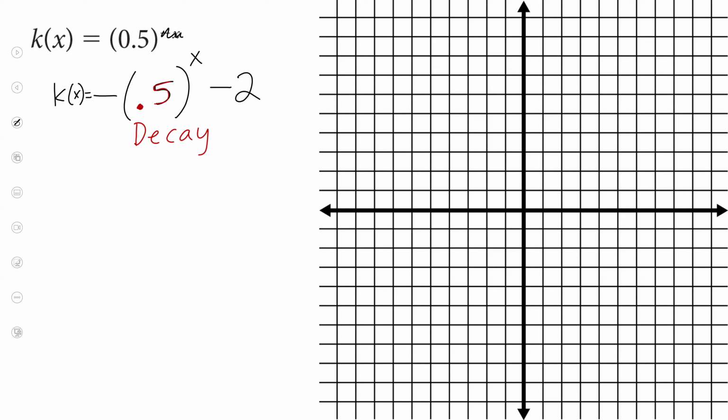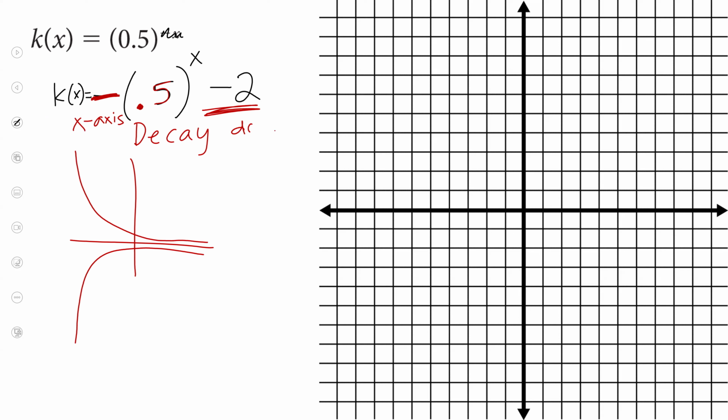So it's decay. So it's facing this way. However, it's reflecting across the x-axis because the negative is outside the parentheses in the very front. So now it looks like this. And then your asymptote moves down too. So right here is where your new graph is. So I'll draw it nice and pretty over here. It went down to -2.